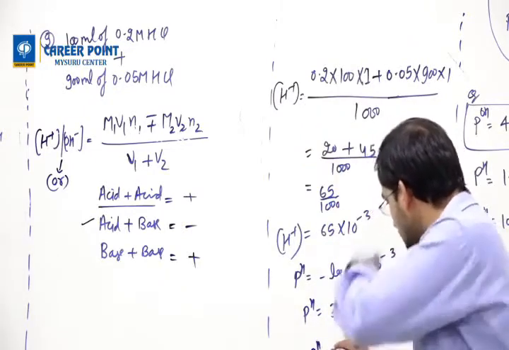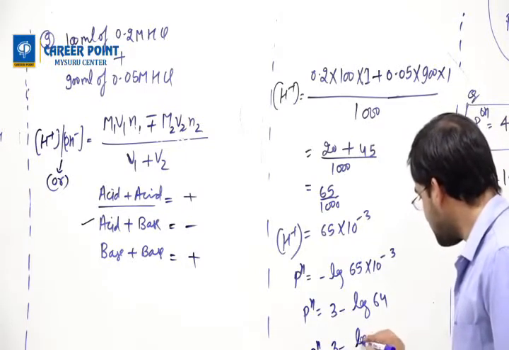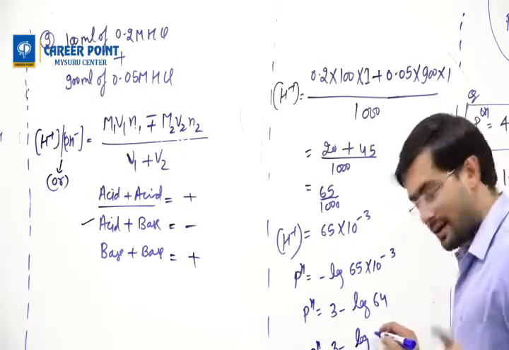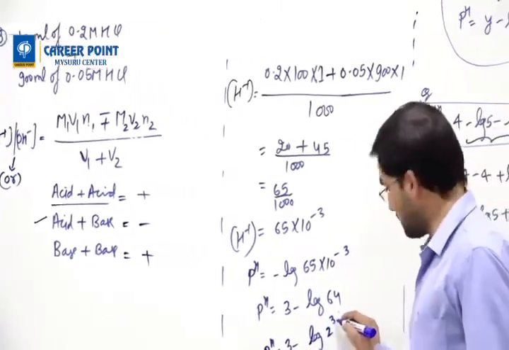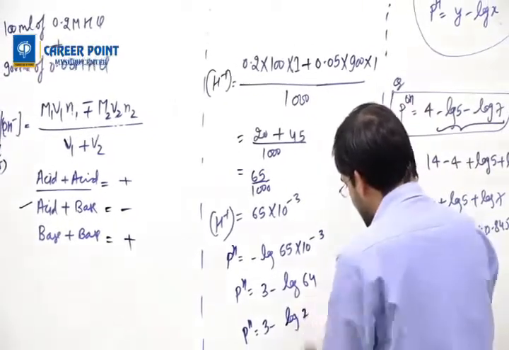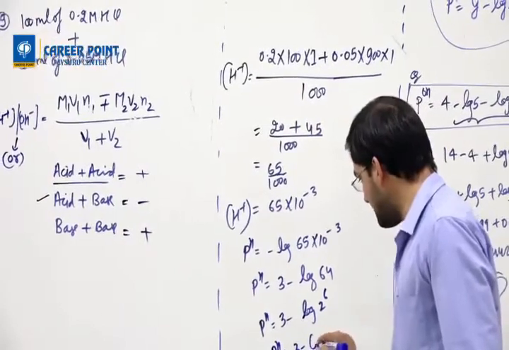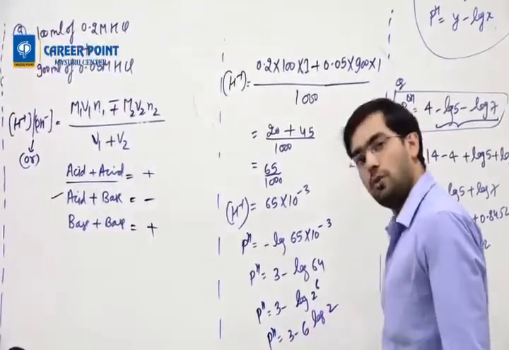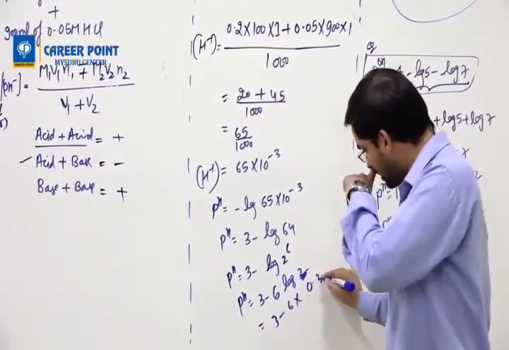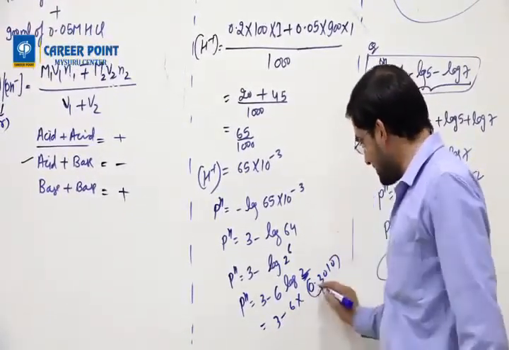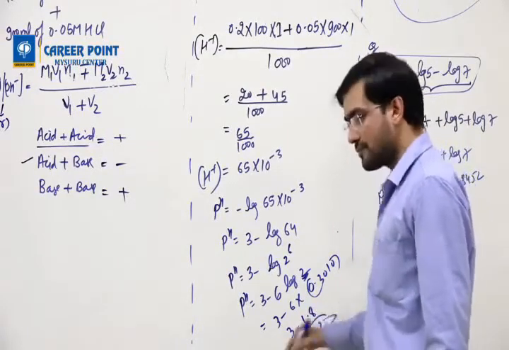So pH equals 3 minus log 64, which could be written as 8 square. 8 square could be written as 2 power 3 into 2, so it will become 2 power 6. That means pH equals 3 minus 6 log 2. Log 2 is 0.3010. 6 threes are 1.8. So 3 minus 1.8 will get you 1.2.